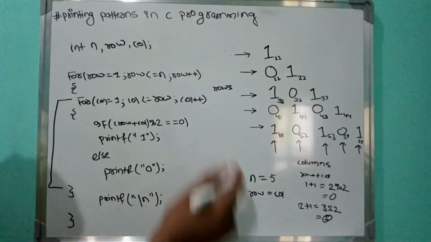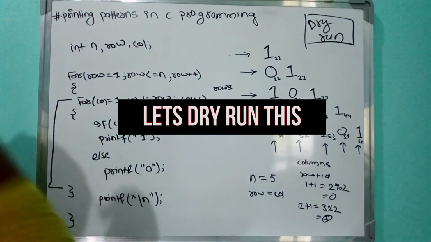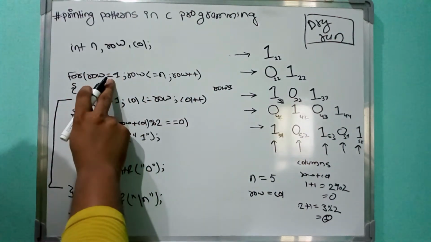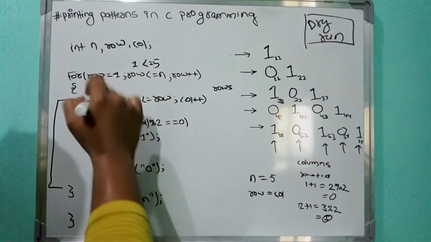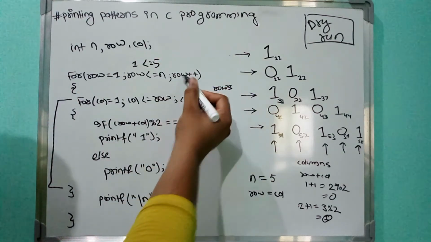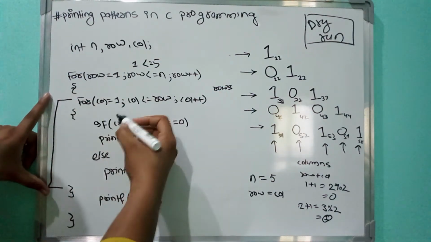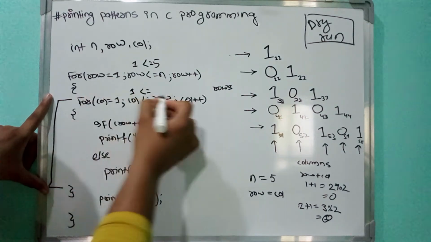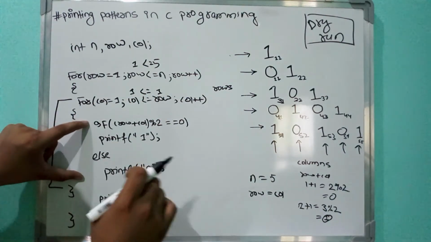So let's have our dry run once, and then we will compile it in the compiler. When row is 1, 1 is less than or equal to 5, the condition is true, so it will come into this for loop. Here column is 1, and column is less than or equal to the current row value, that is 1, the condition is true, so it will come into this for loop.